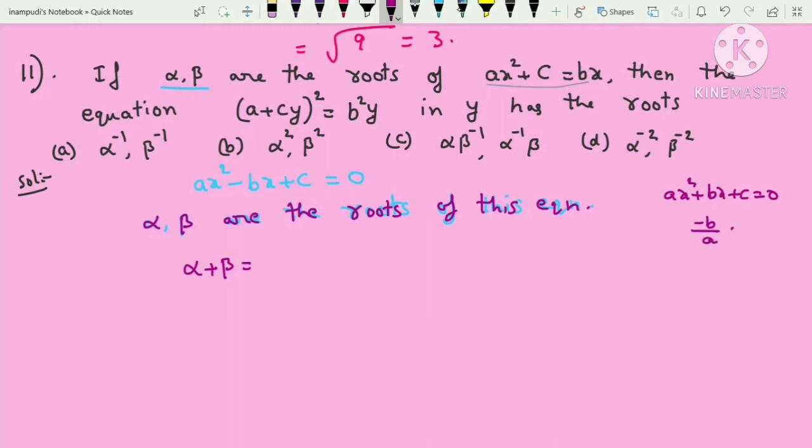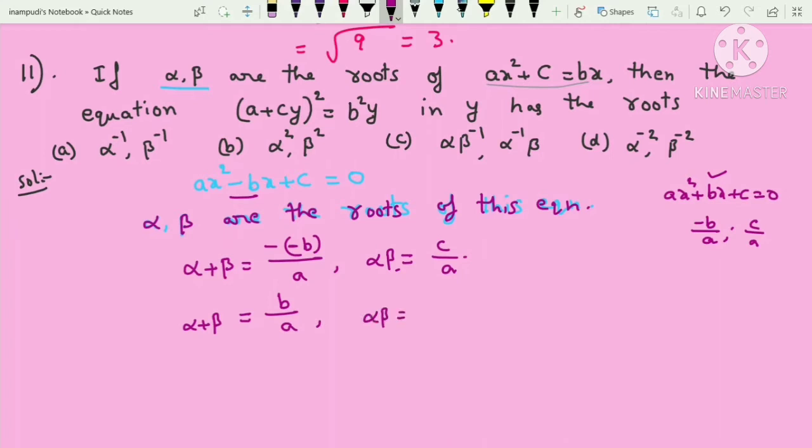But in this case, in the place of b there is -b, so it is minus of minus b by a. The product of the roots is c/a. So alpha + beta = b/a, and alpha beta = c/a.